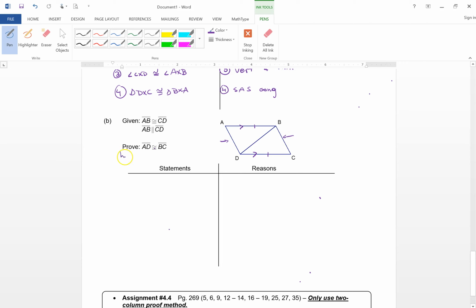So as a hint, whenever you have something like this, first you want to prove that the two triangles are congruent. So triangle DAB is congruent to triangle BCD. Okay, so AB is congruent to CD and AB is parallel to CD.